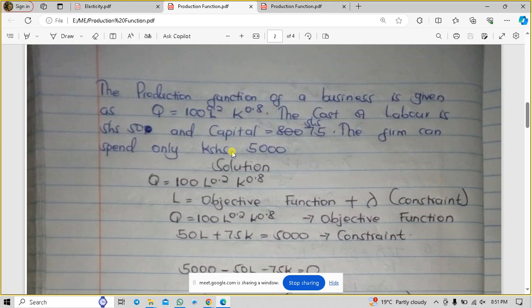Then the firm can spend 20,000 Kenya shillings. Then you write: formulate the problem. That is question number 1. Formulate the problem for output maximization.